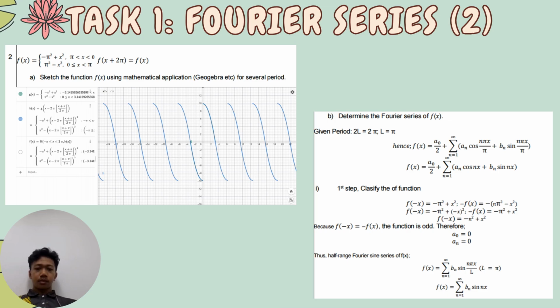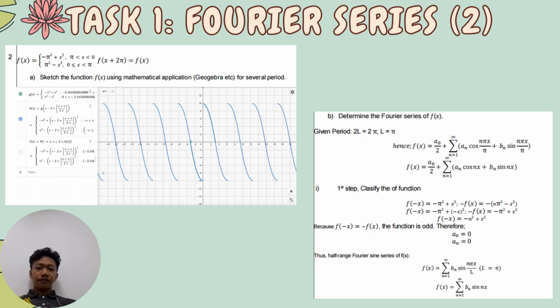Then, to classify the function, because f(negative x) equals negative f(x), the function is odd. Therefore, a naught is 0 and an is also 0.